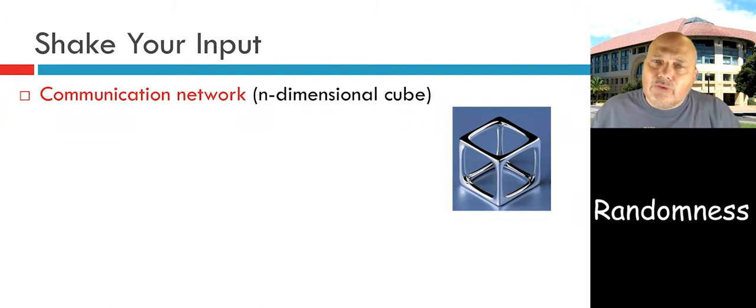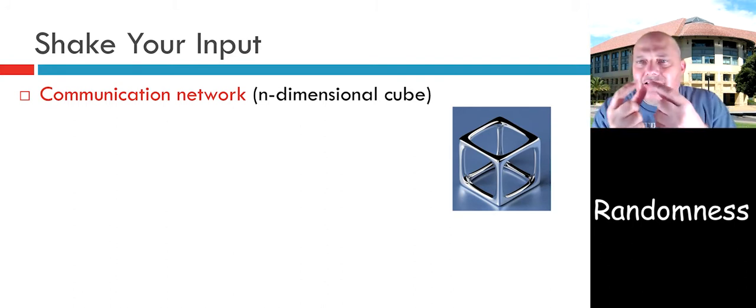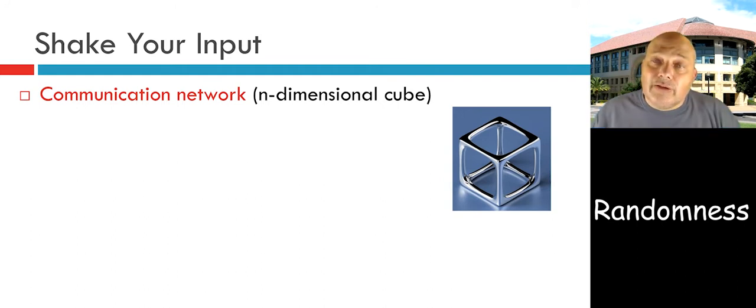So imagine a communication network that is an n-dimensional cube. Every node has a bit string, let's say log n bits, and two nodes are connected if their bit descriptions are identical up to one point.